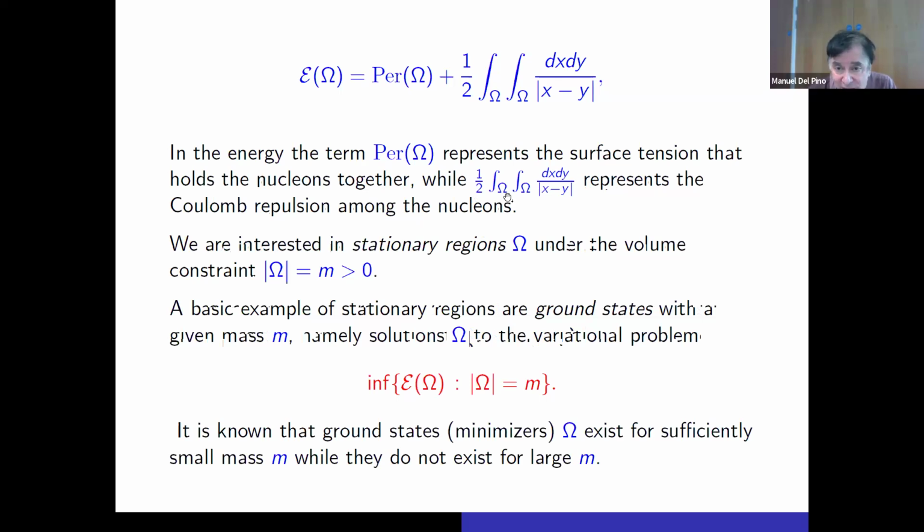While this other term represents Coulomb repulsions among the nucleons, the total Coulomb interactions that are repulsive. Perhaps the difference between one quantity and the other is that this one involves points of the boundary, while this one involves all points inside the region.